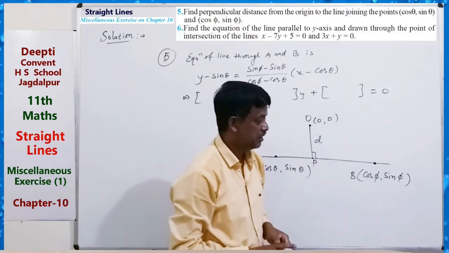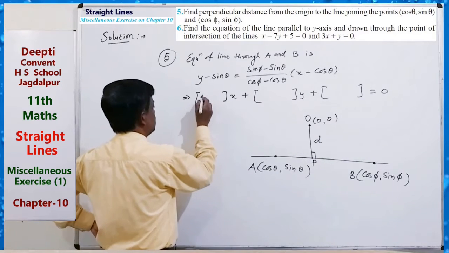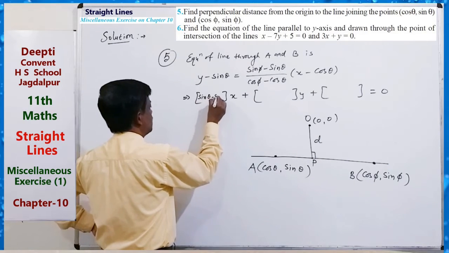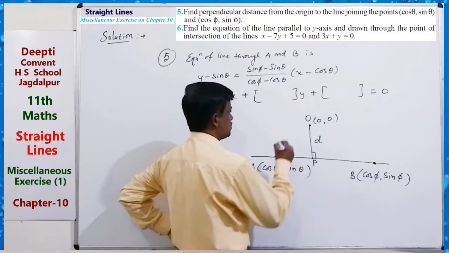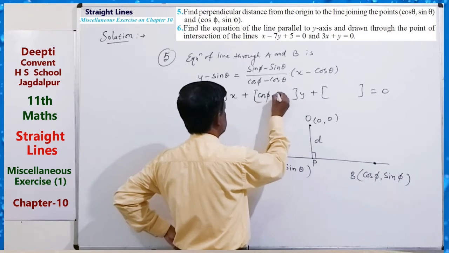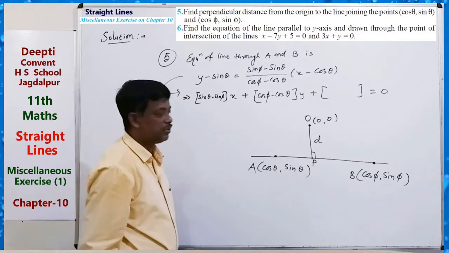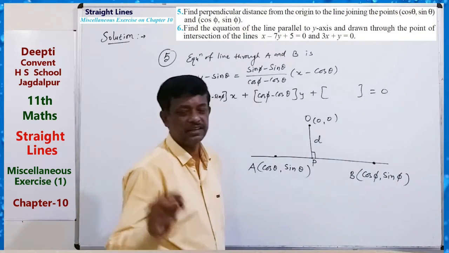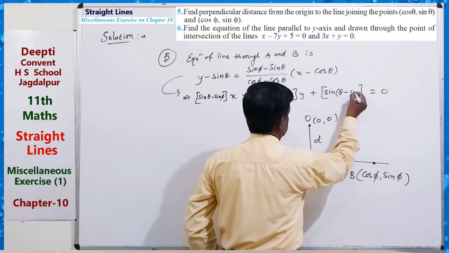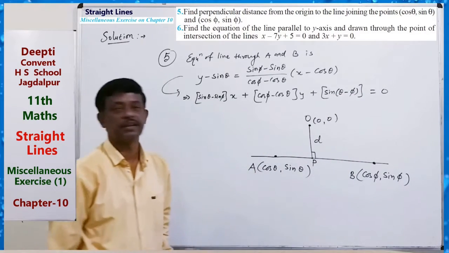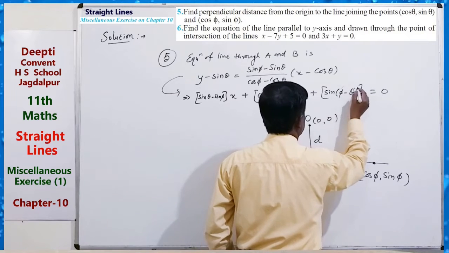So you can get x into sin theta minus sin phi, y into cos phi minus cos theta, and the constant term is sin phi minus theta.